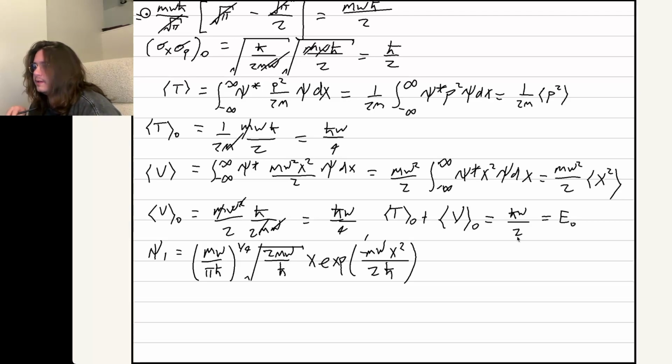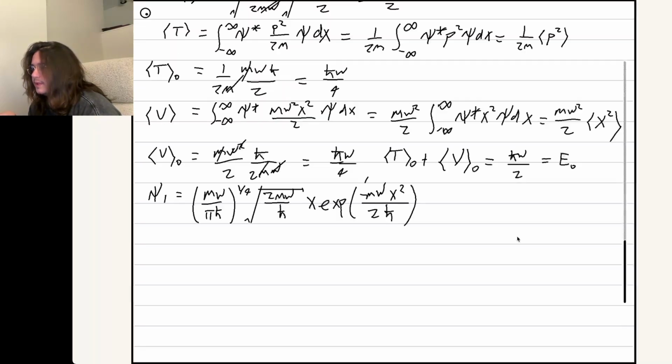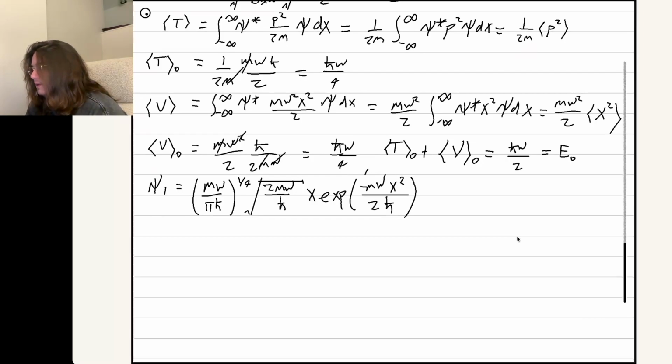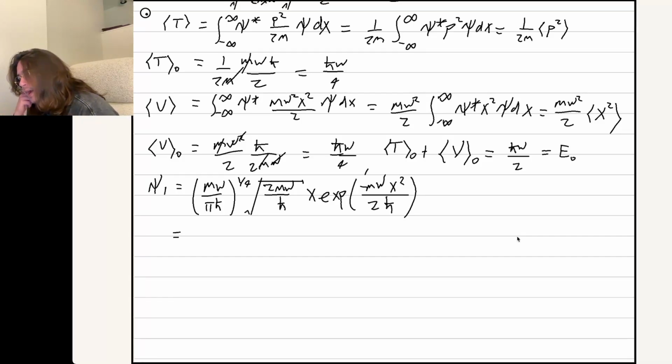We're going to go ahead and try and represent that in the notation of alpha and xi. That is going to look like alpha xi times root 2, so root 2 alpha xi times e to the minus xi squared over 2.